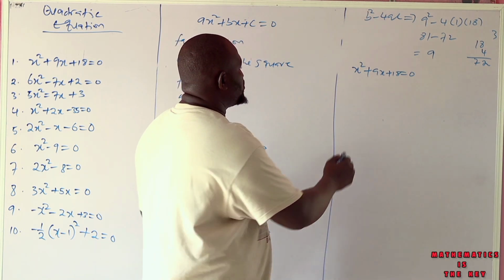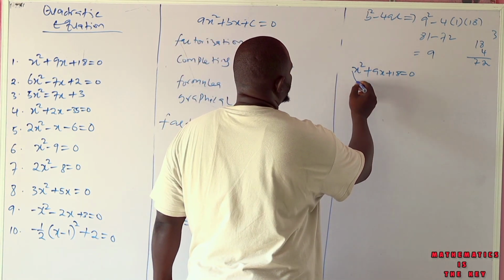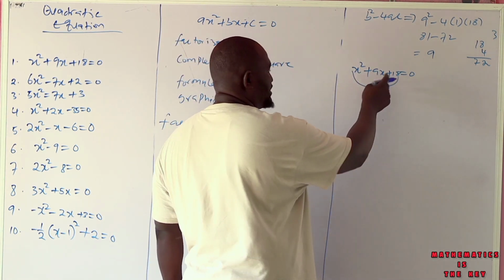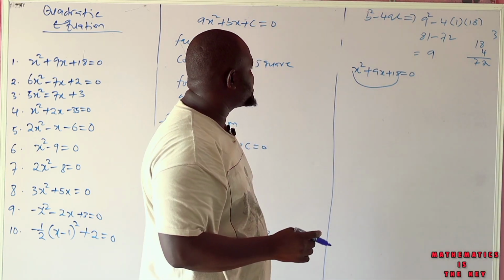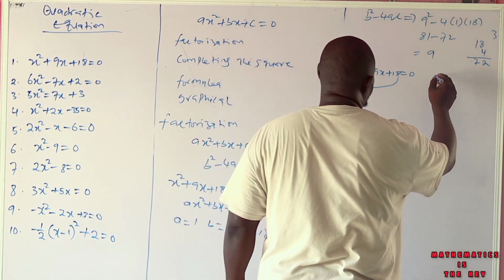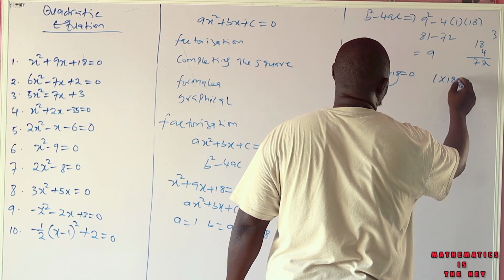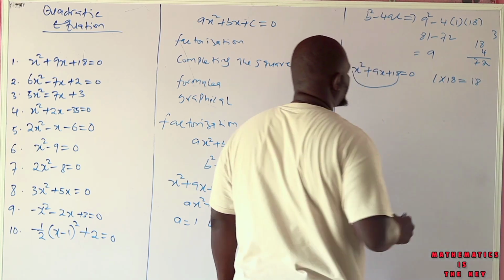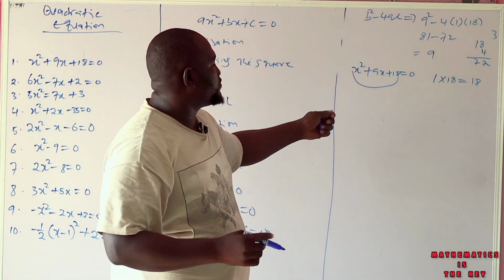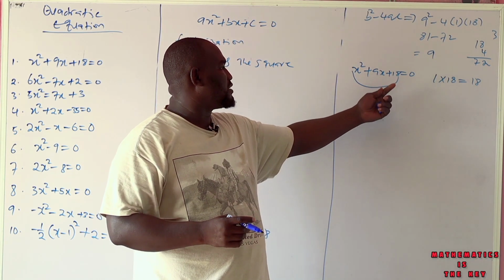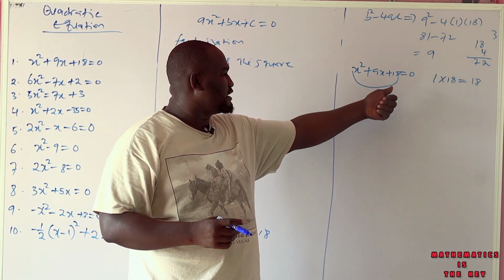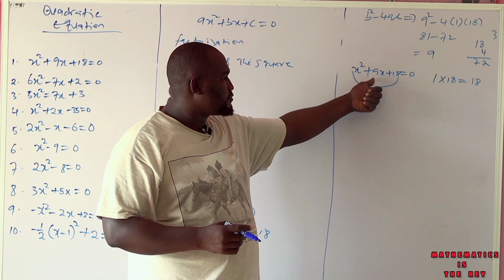The first thing we do, we multiply the coefficient of x squared, which is a, by the constant term, which is c. In this case, it is 1 multiplied by 18, which is equal to 18. In the next step, we bring out two numbers whose product is 18 and whose sum is 9.